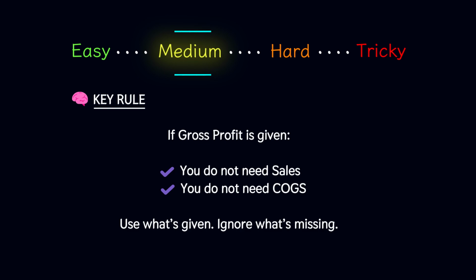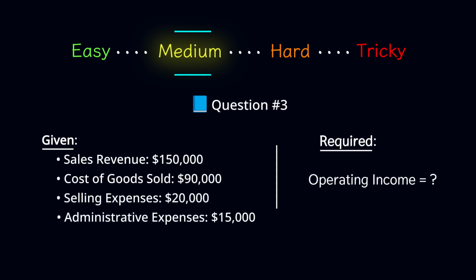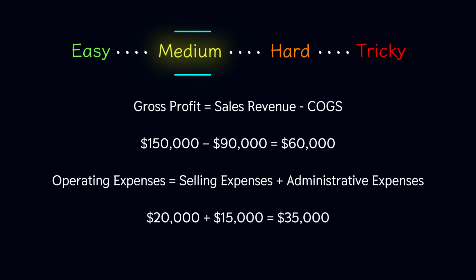Now let's add a medium-level trick. Question 3. A company reports sales revenue, $150,000. Cost of goods sold, $90,000. Selling expenses, $20,000. Administrative expenses, $15,000. The question asks for operating income. First, gross profit, sales minus COGS. 150,000 minus 90,000 equals 60,000.